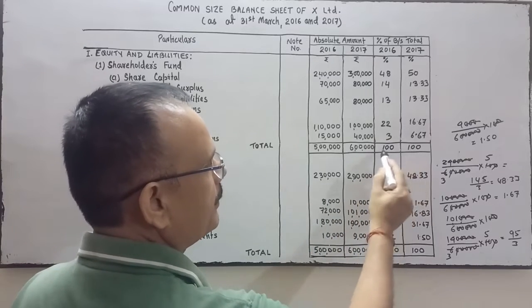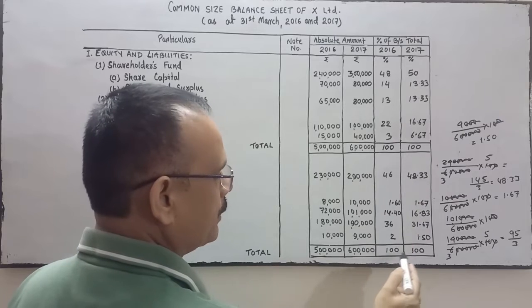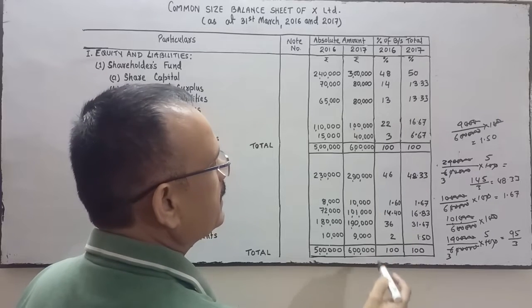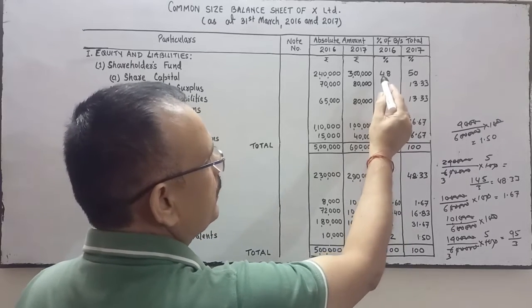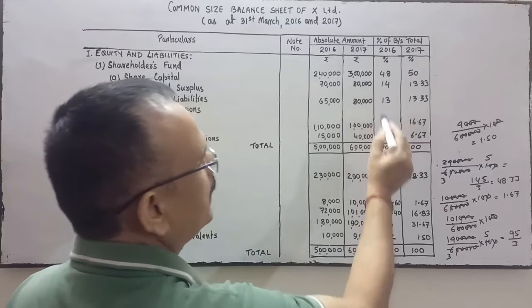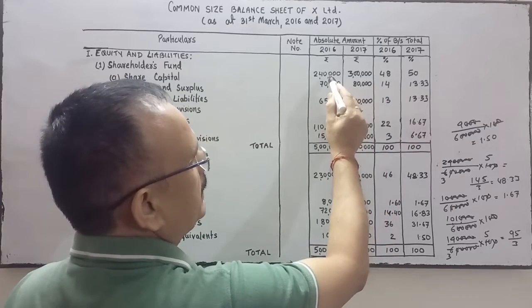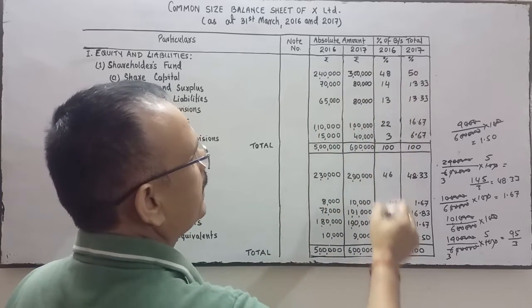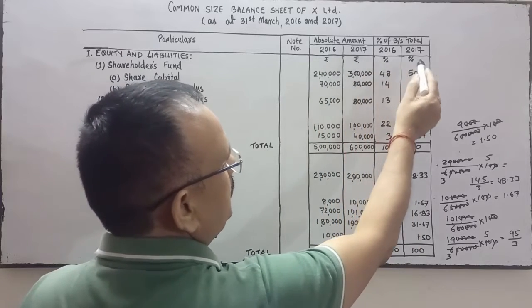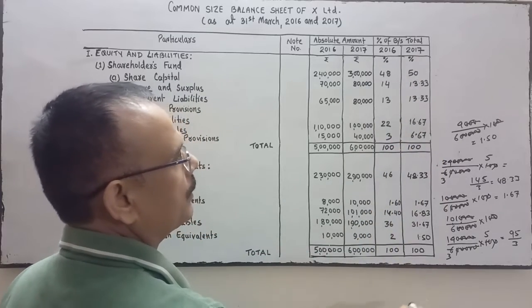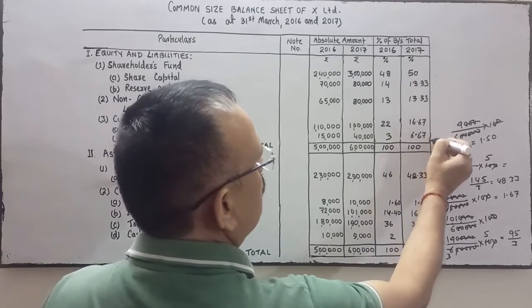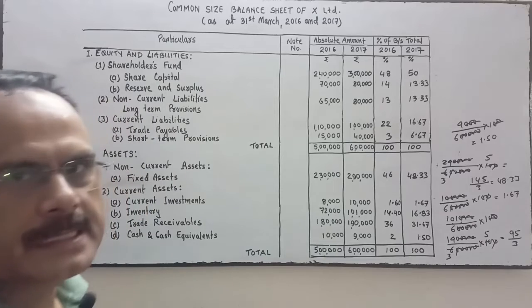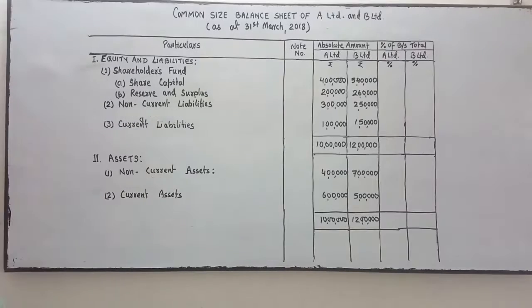Total equity and liability will be taken as 100, total assets will be taken as 100, and accordingly we'll calculate the percentage of each and every item. For 2016, the percentage will be written here. For 2017, we will write the percentage in this column. Is it clear? So this is the common size balance sheet.